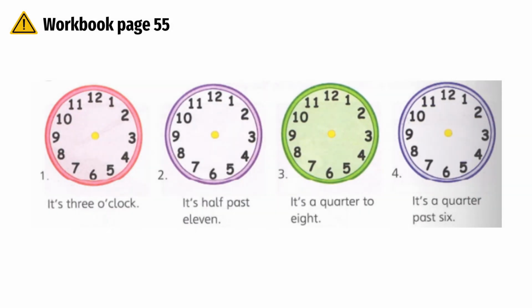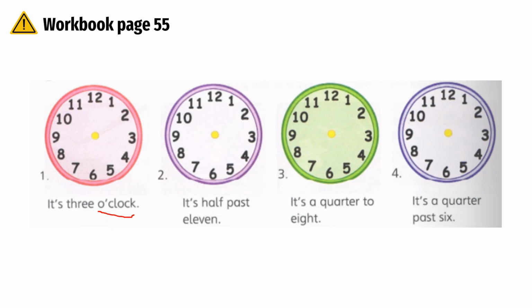Moving on to the next one, you will need to read and draw the time. So let's try number 1 together. Let's read it. It says that it's 3 o'clock. Remember, what did I say about when we use the word o'clock? Yes, it points to number 12.